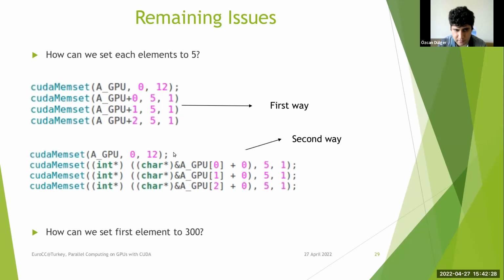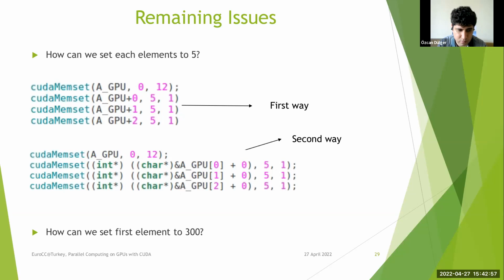So now we are accessing the first byte of each element. We set 5, and this is only for 1 byte. Again, we set 5 to the first byte of each element. Now we set all of the elements to 5.